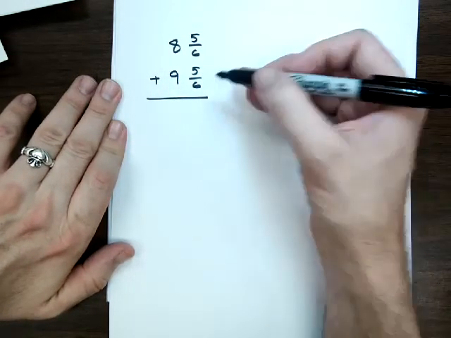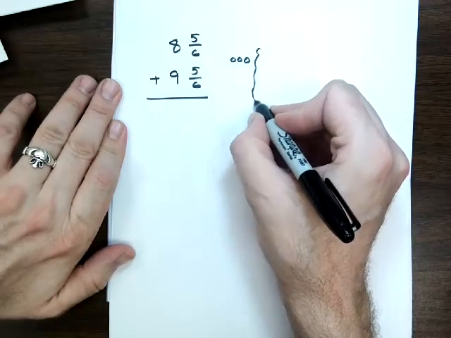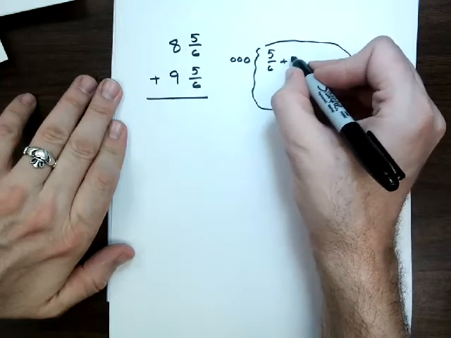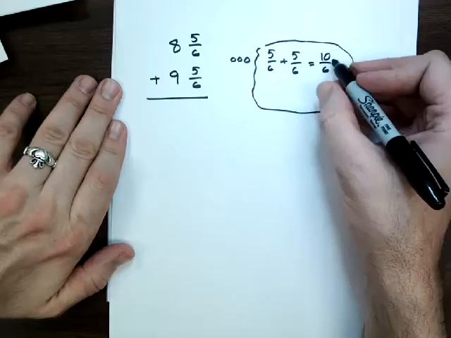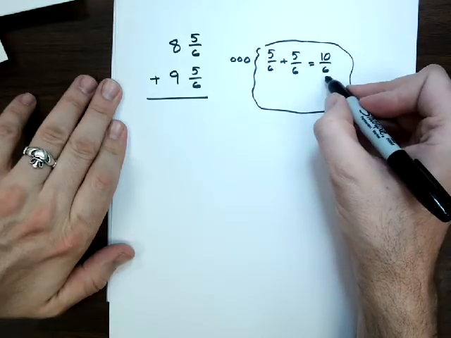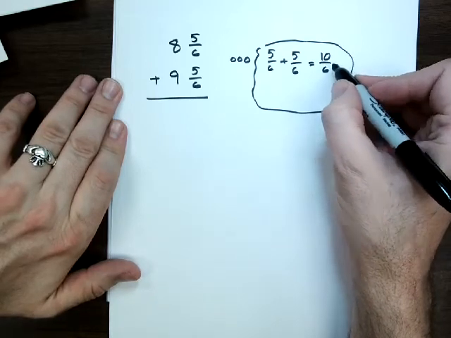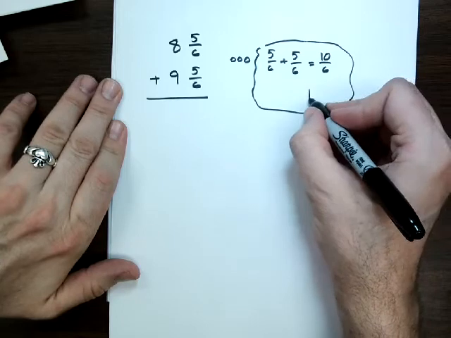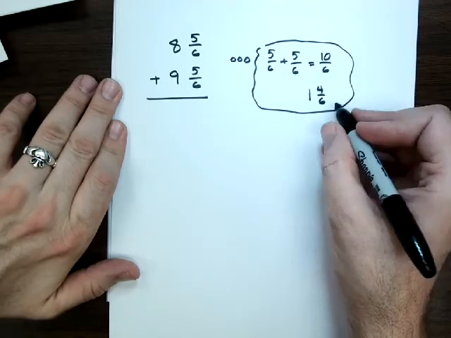I gave us a common denominator. 5/6 plus 5/6 is equal to 10/6. That's an improper fraction. That's bigger than 1. 10/6 is going to be equal to 1 and 4/6 if I were to convert that.